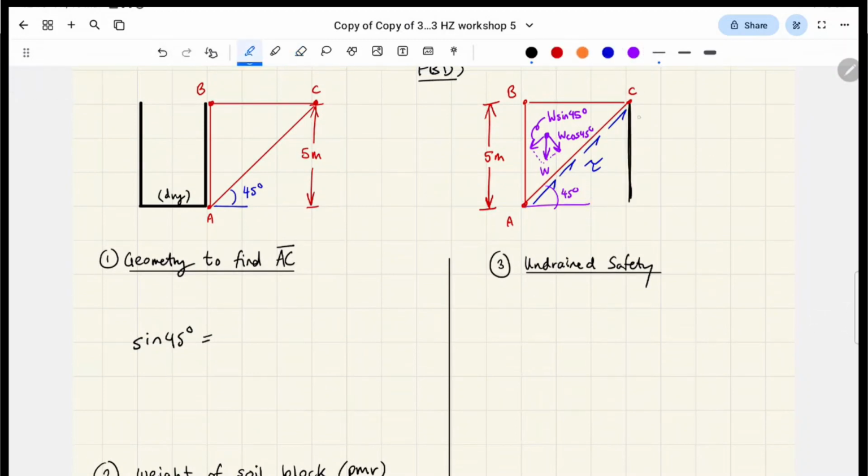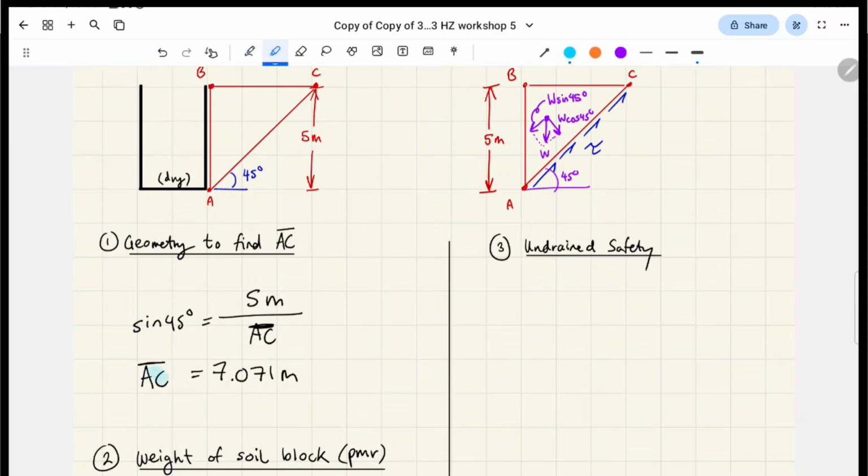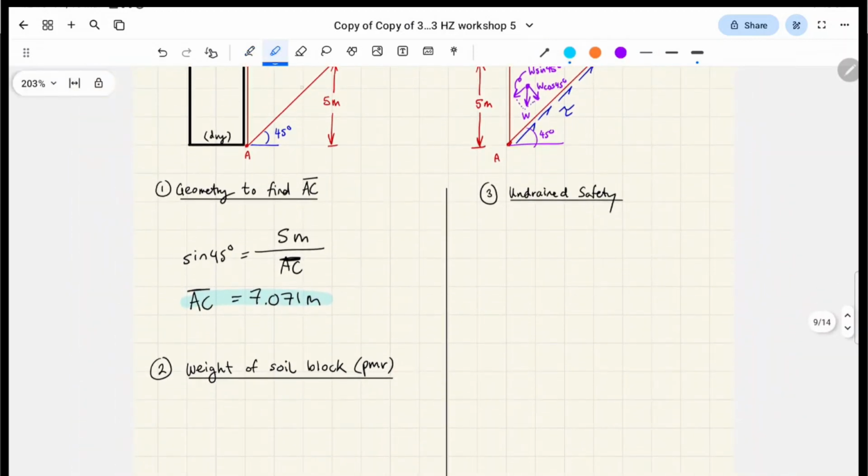The opposite side is 5 meters, and the hypotenuse is AC, which is our unknown. Rearrange for AC, and you get 7.071 meters. Boom, just like that.